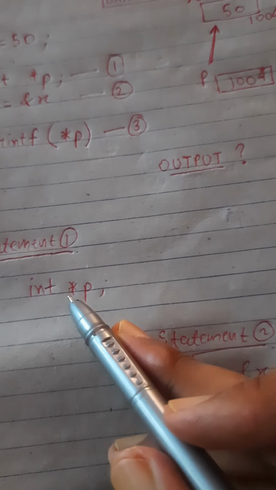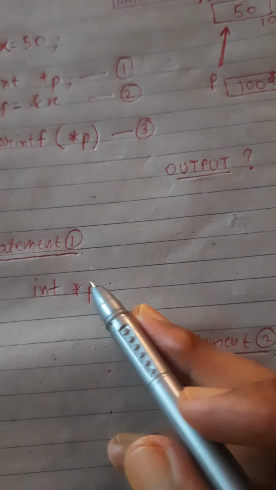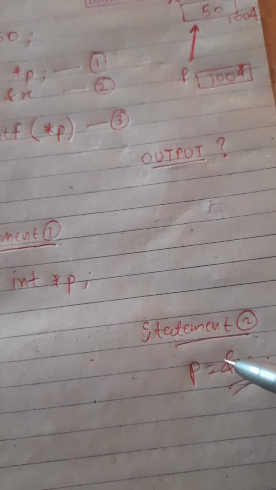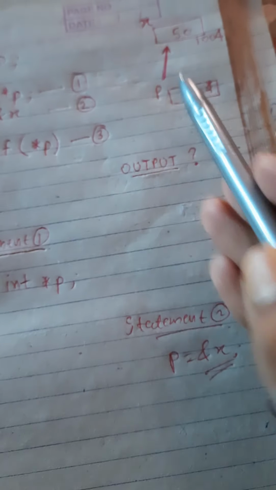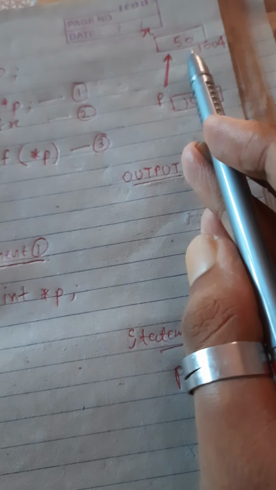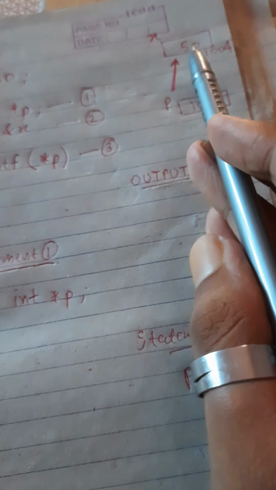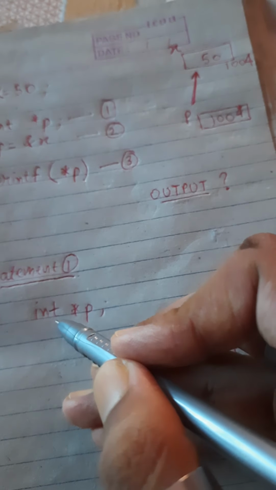We have already declared previously, in statement 1, that p is a pointer. Since p is storing the address of this particular box, which is x, what is the value inside it? 50. And what is the type of this 50? It is integer. So the type of our pointer should be integer.